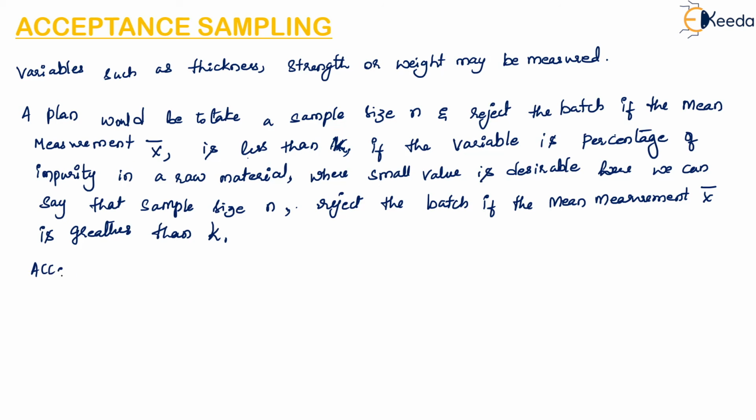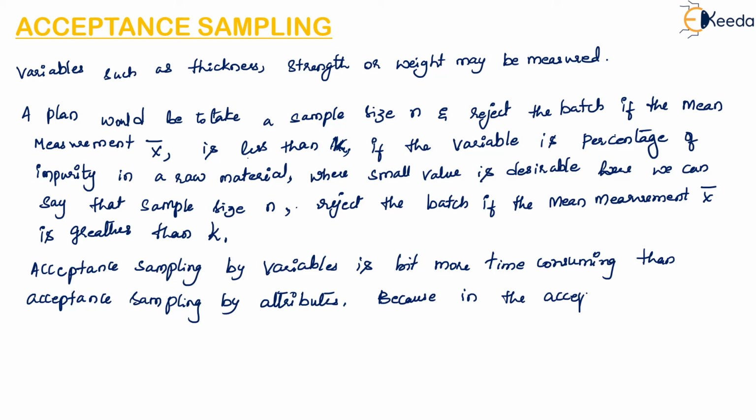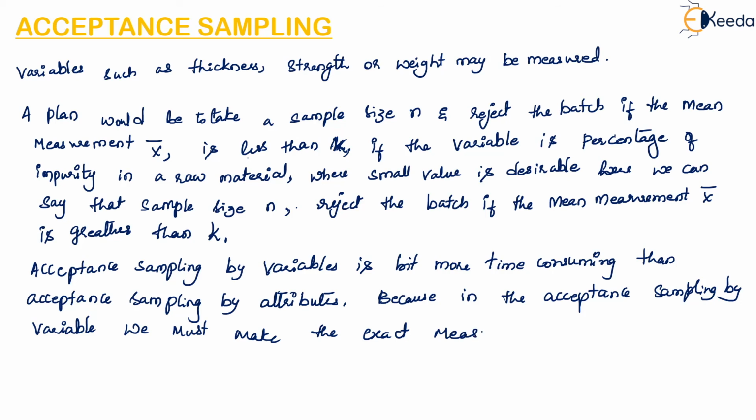So acceptance sampling by variables is a bit more time consuming than acceptance sampling by attributes, because in acceptance sampling by variables we must make the exact measurements.